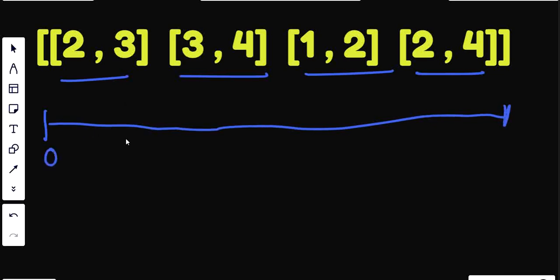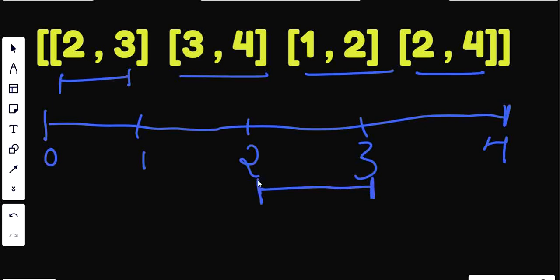So this will be 0, this will be 1, this will be 2, this will be 3, and let's name it 4. Our first interval is 2 to 3. So I mark this as 2 to 3 and block this slot. This is one interval, and there is no overlapping interval for it right now because this is our first interval.